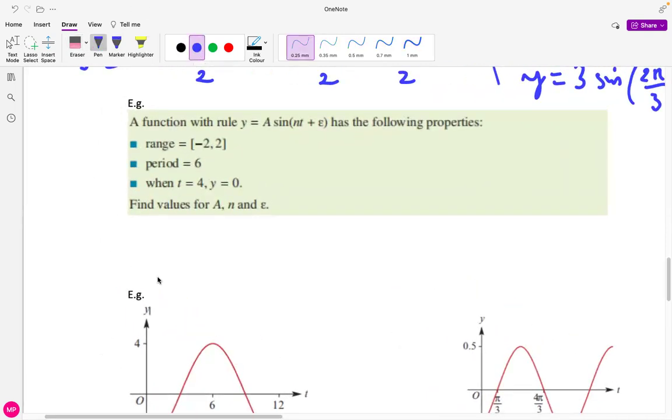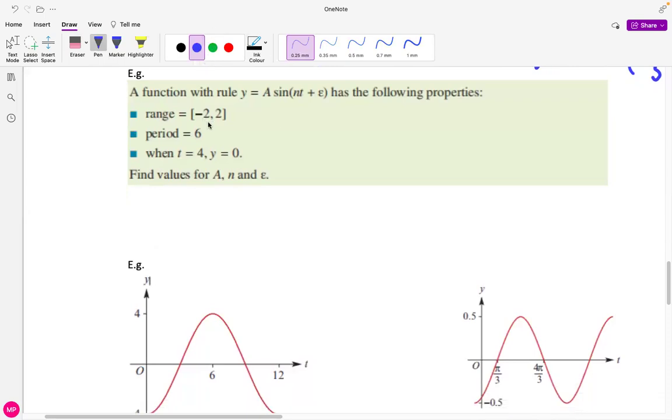So we're going to find A first. The range is -2 and 2. So the minimum is -2 and the maximum is 2. So A is maximum minus minimum divided by 2. Maximum is 2 minus minimum is -2, divided by 2.